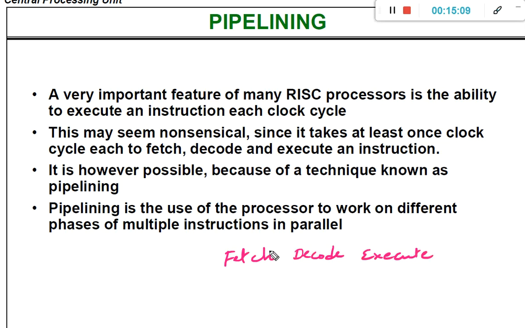Now we are going to perform multiple instruction phases in parallel using the pipelining concept. Pipelining is the use of the processor to work on different phases of multiple instructions in parallel. How do we do this? Let us see.